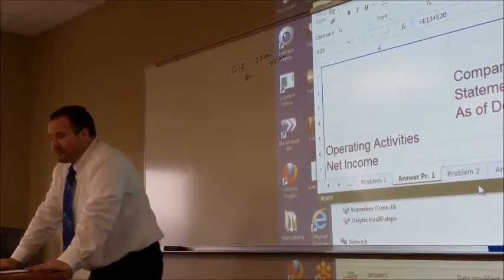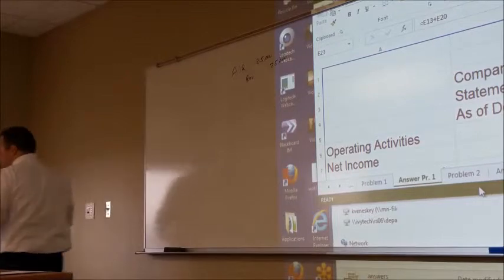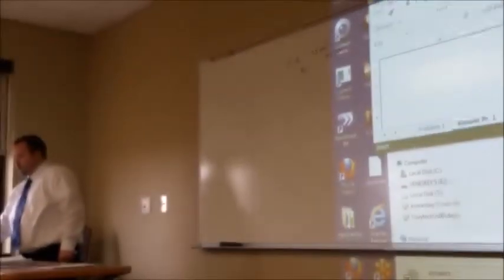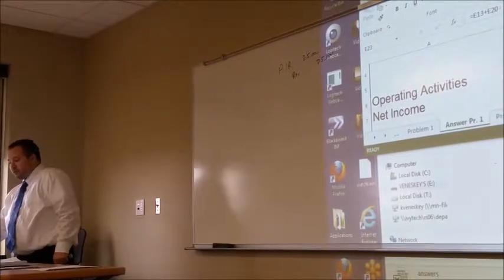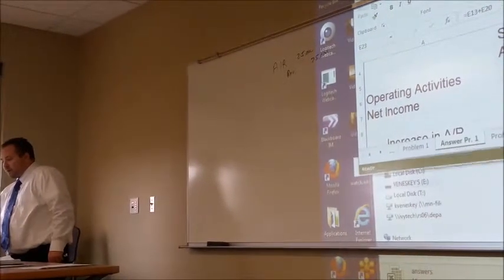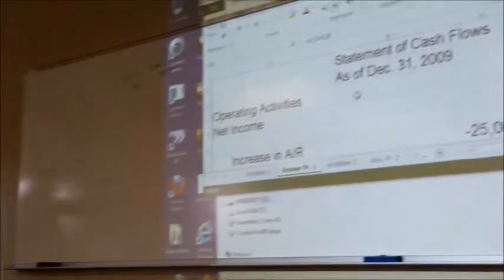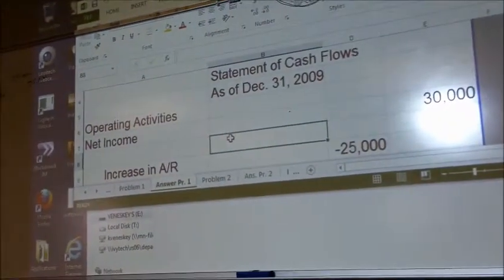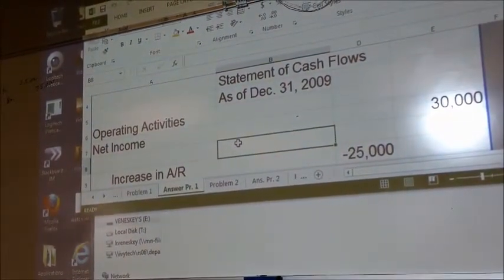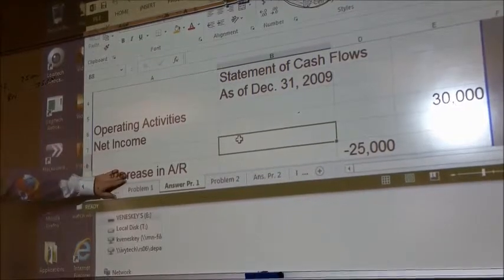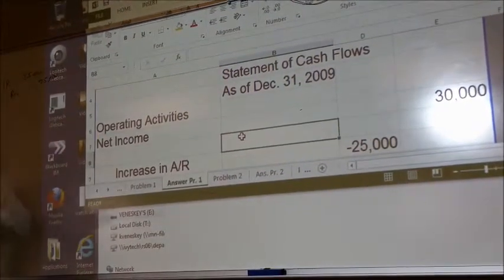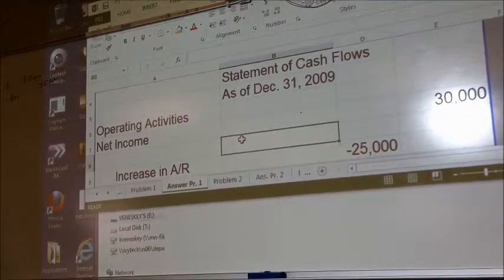Cash-wise? 50, yeah. So I'm going to need to show that. I don't want to show $30,000, I mean I do, in net income, but I've got to show my people reading this that, of that 30, part of the revenues, some of that didn't come in as cash. So let's take $25,000 off of that number.